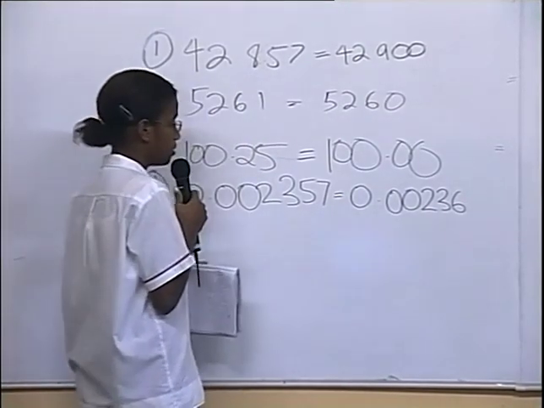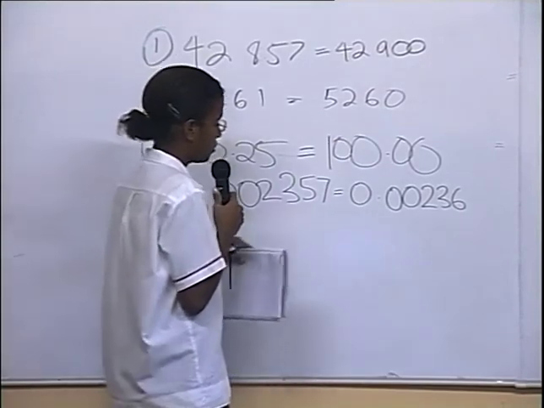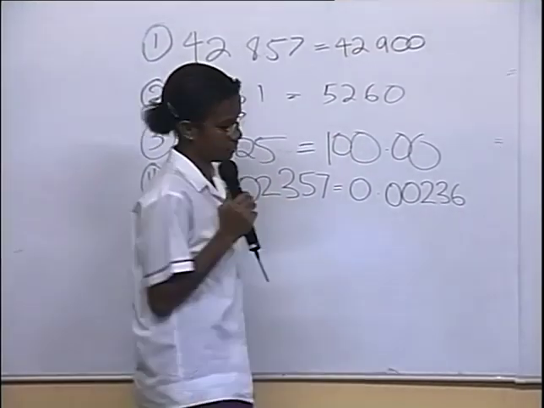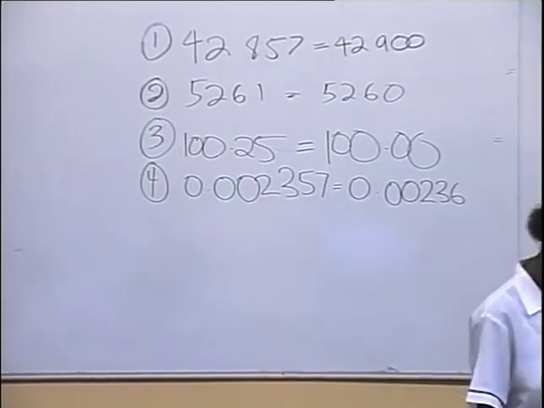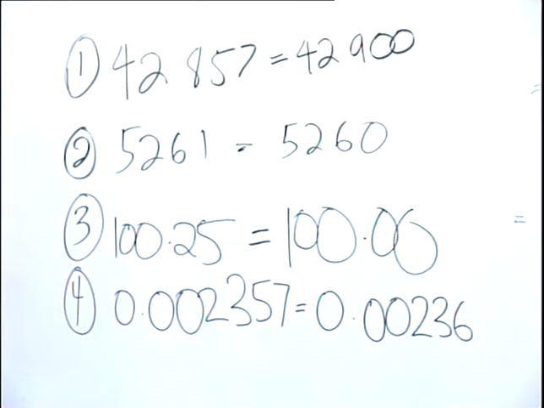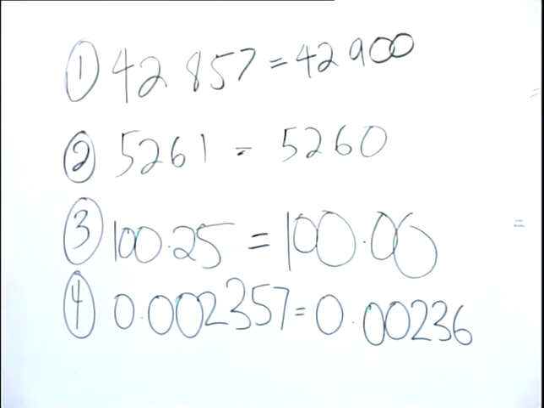These 2 zeros are insignificant, and I rounded 5 up to 6. Right. Good. Those are the answers.